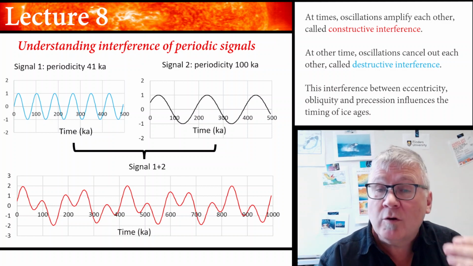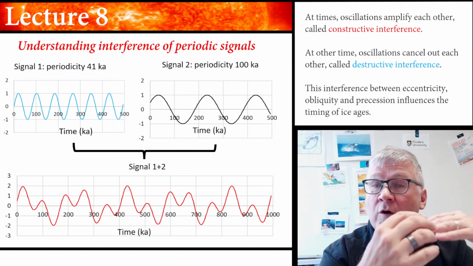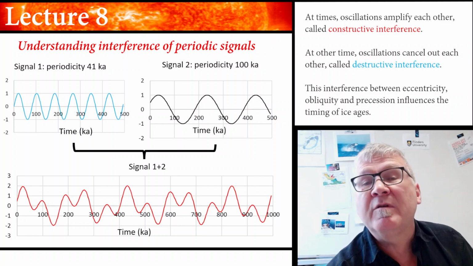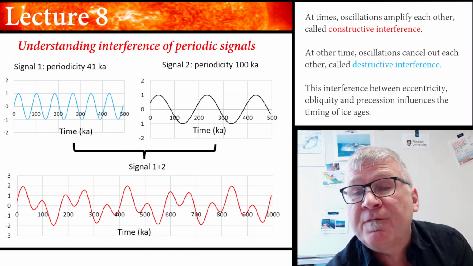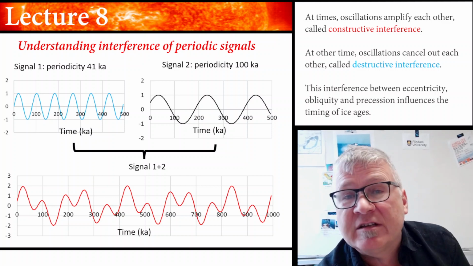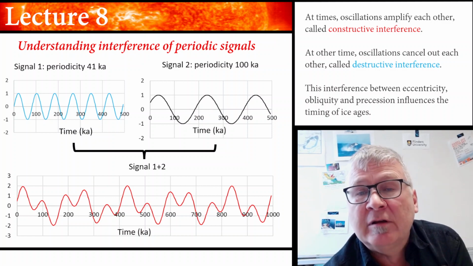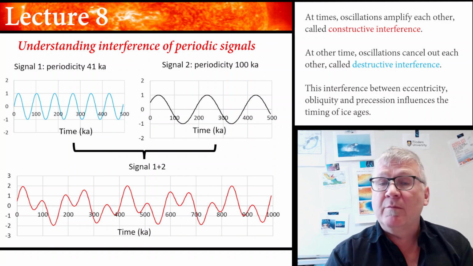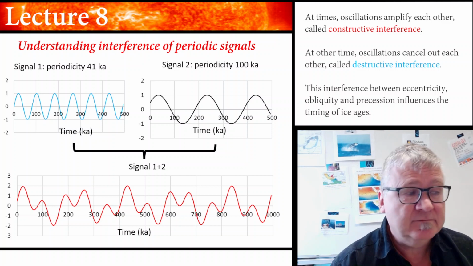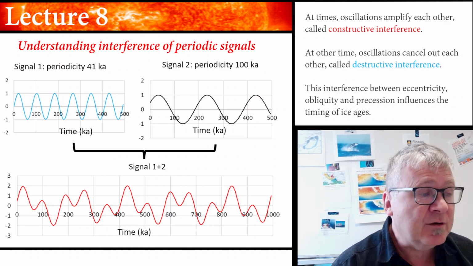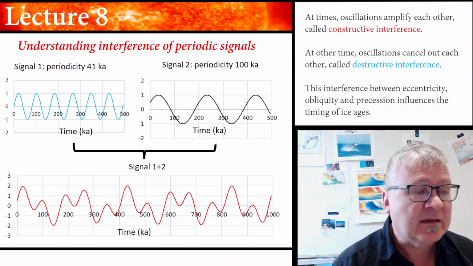They don't all work on their own, they all work together. You get interference at all regions, but at particular times and particular regions you get the maximum effect due to the interference of these periodic signals.